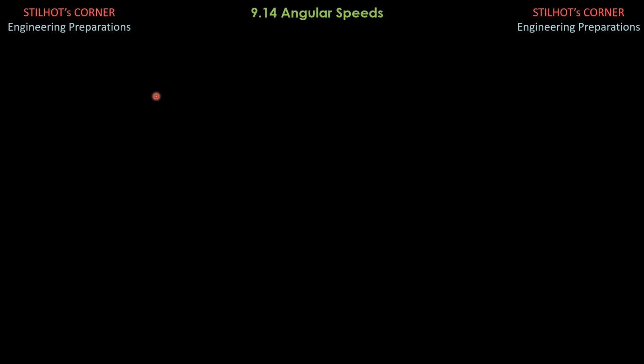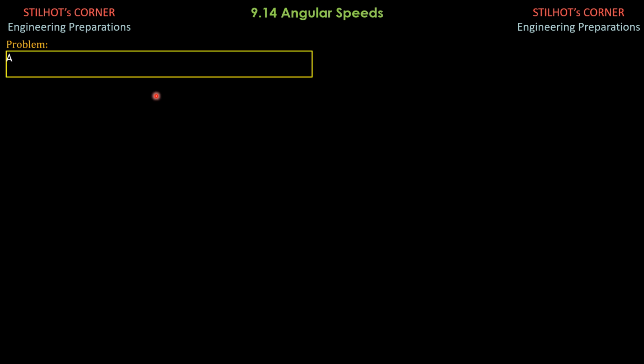So here we go. The first problem: a turntable in a shop makes 45 revolutions per minute. How many revolutions does it make per second? It is a matter of converting revolutions per minute to revolutions per second.